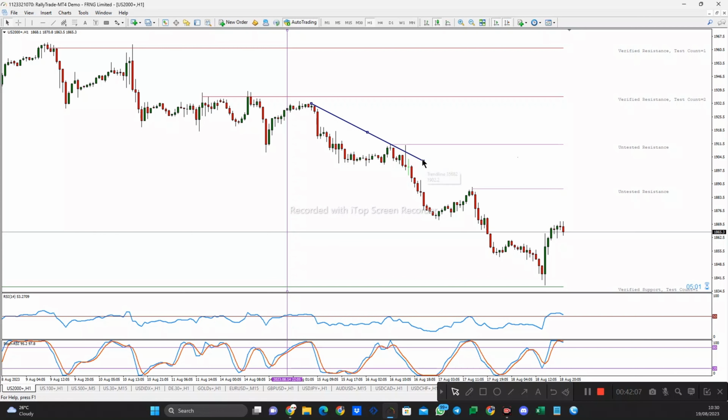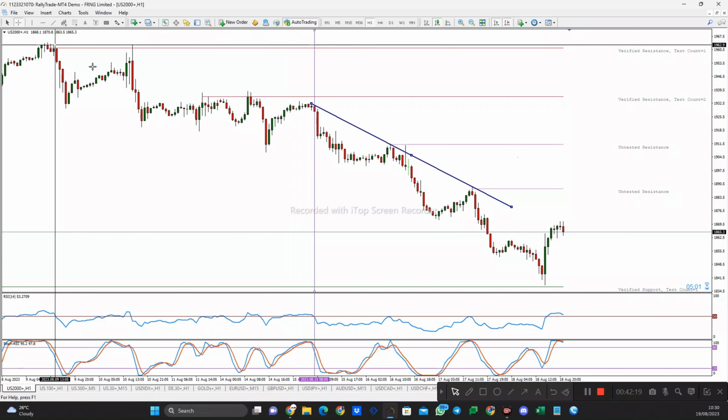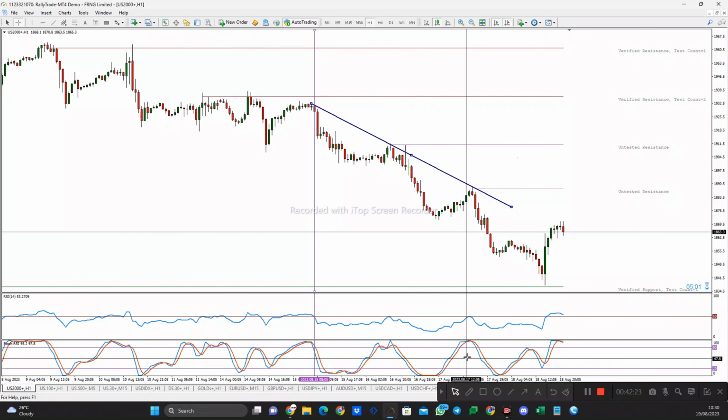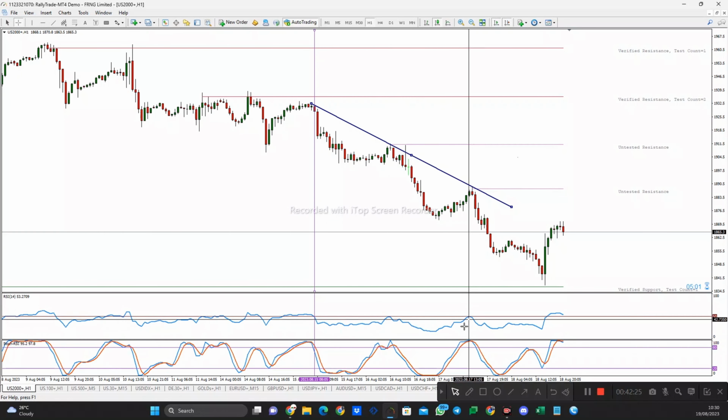I can probably still extend it to this next high. So it could be like the trend started from here, right, to this point, which was this next high, to this next one here. Can you see it?